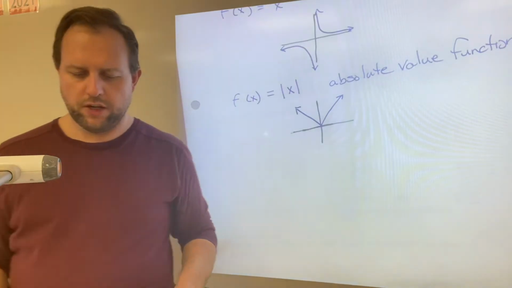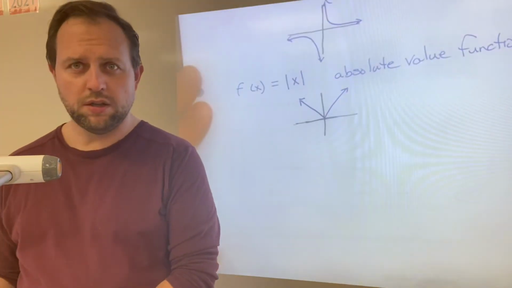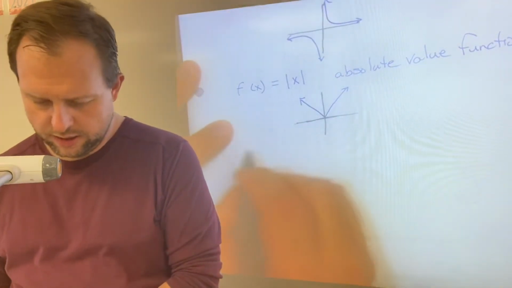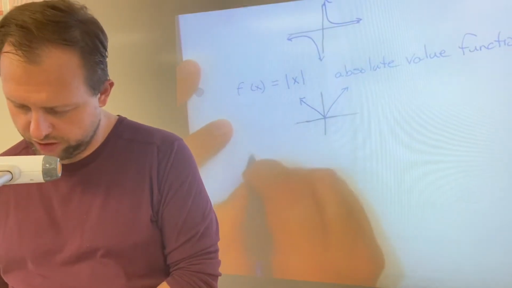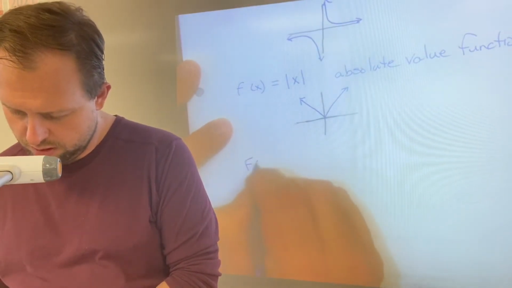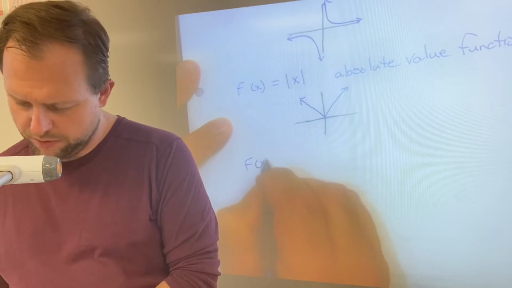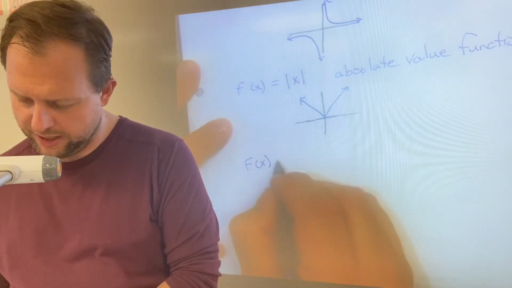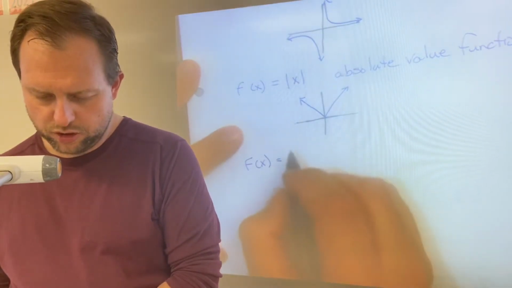And the last one we're going to talk about today, so 8 total, is our greatest integer function. This is the one most people dislike the most in Algebra 2.